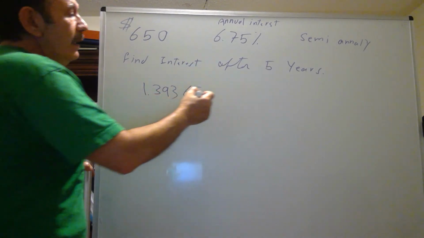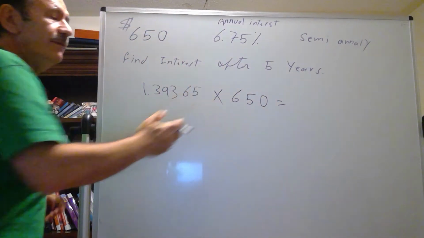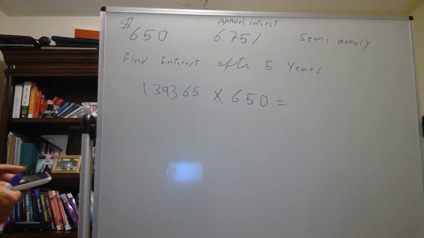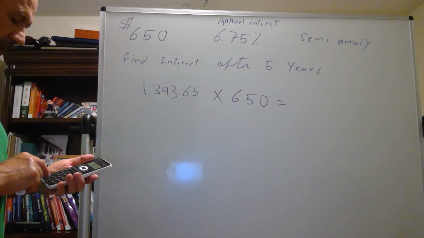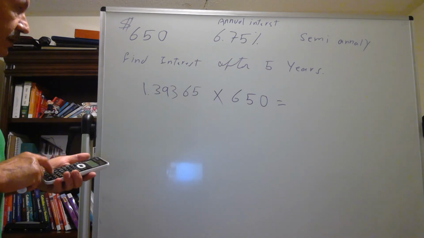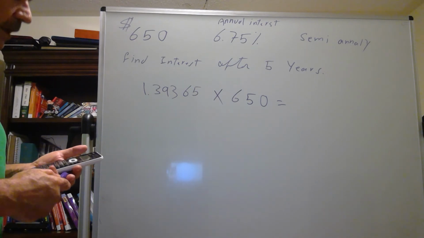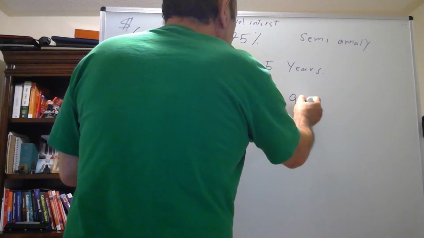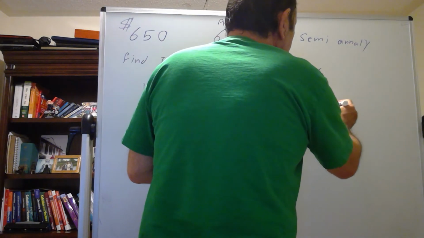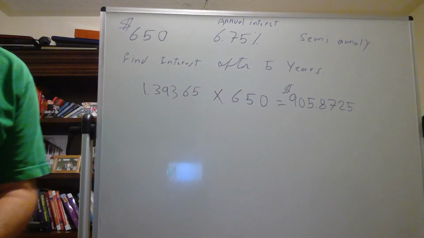This is for $1, so multiply by 650, because 650 is my original value. If I calculate this, 1.39365 multiplied by 650 is going to be $905.8725, and this is going to be my final value.